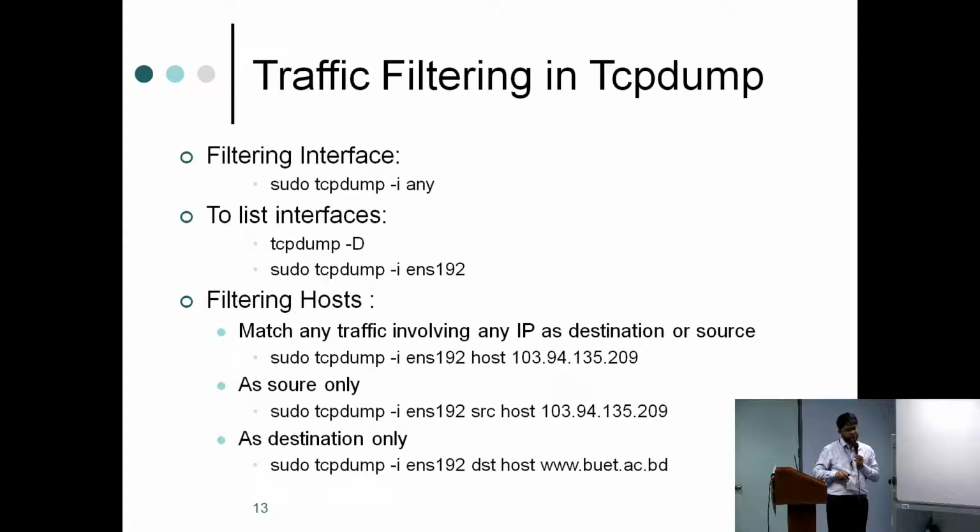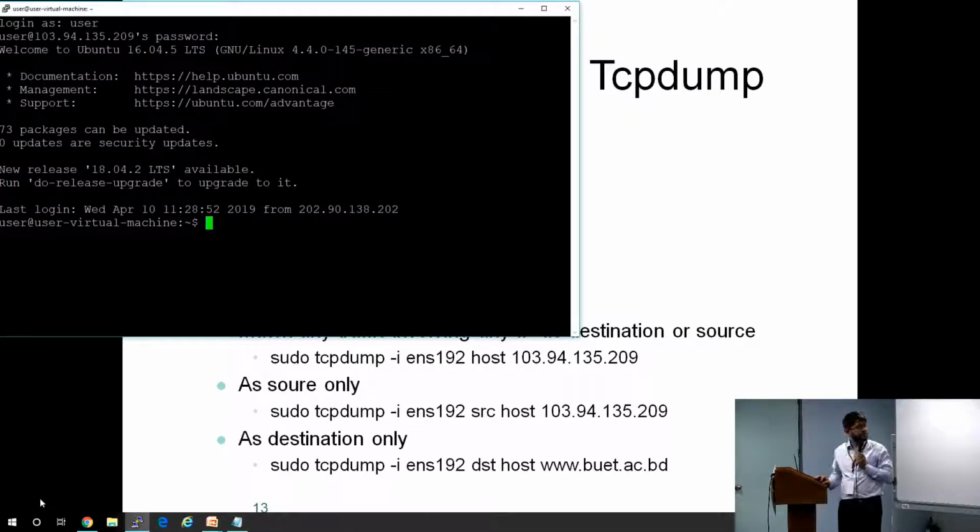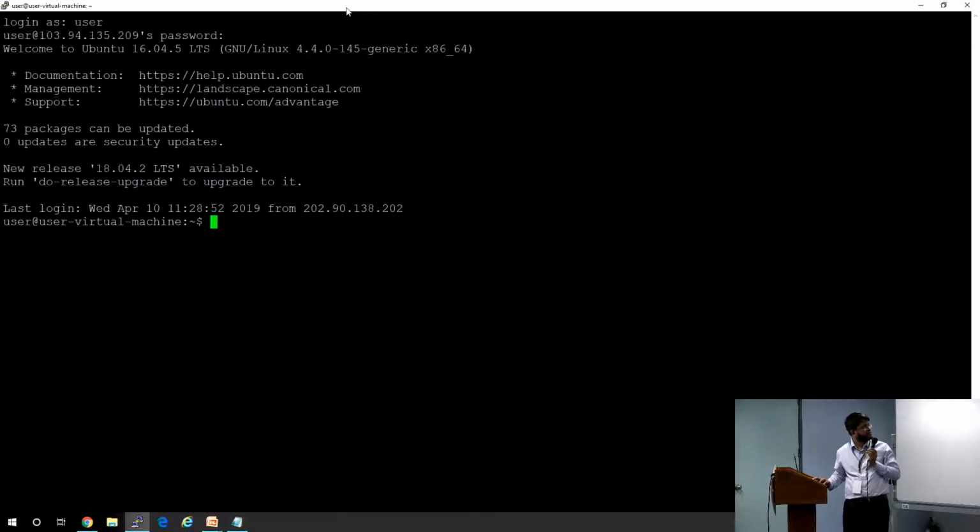So for traffic filtering, this is the option. Let's try this practically. The first option is tcpdump -i any, which means I want to capture from any interface.